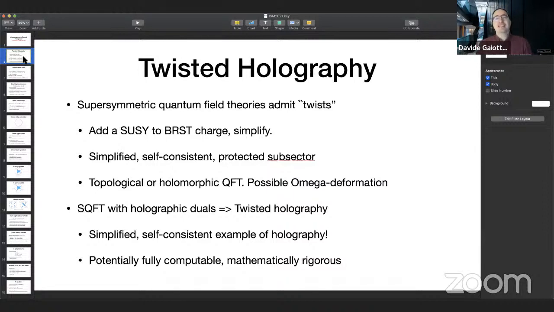I should also say that this subject has some very interesting resonance with the topics that Professor Gopakumar described on Monday, in the sense that a lot of the calculations done on the quantum field theory side of twisted holography involve essentially free correlation functions, because in these protected subsectors, the coupling is essentially turned off.